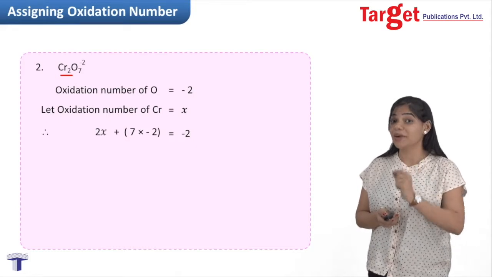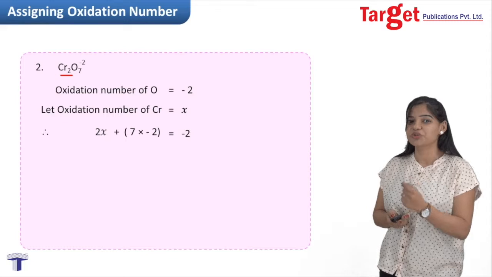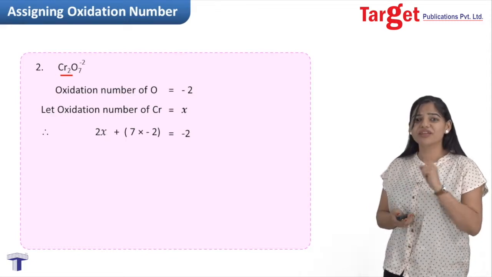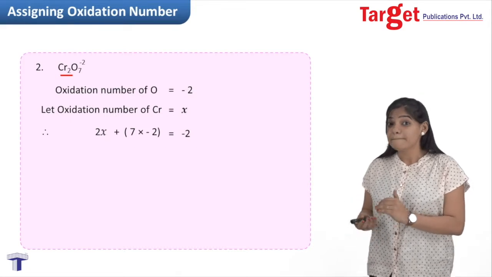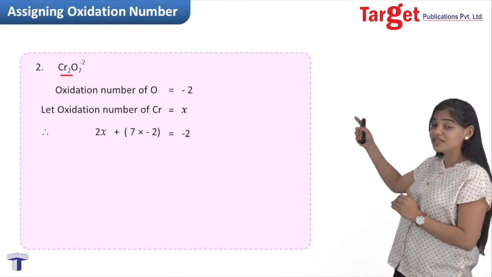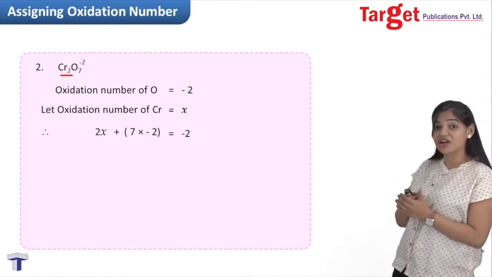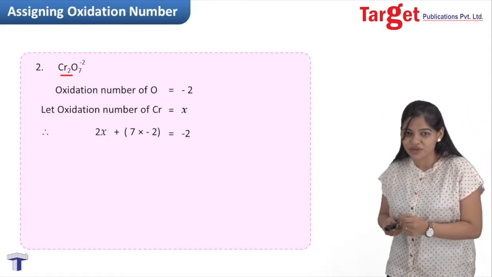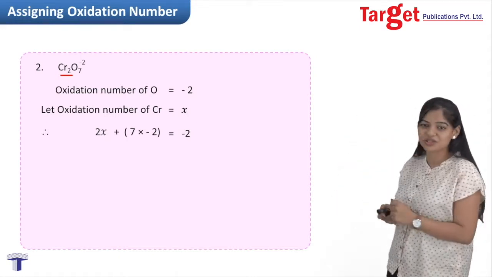Oxidation number of oxygen is -2, and since there are 7 oxygen atoms, we take 7 into -2. And we equate this to -2, because it is not a neutral molecule, it is an anionic molecule where the charge on the molecule is -2. So the sum of all oxidation numbers we take equal to -2.